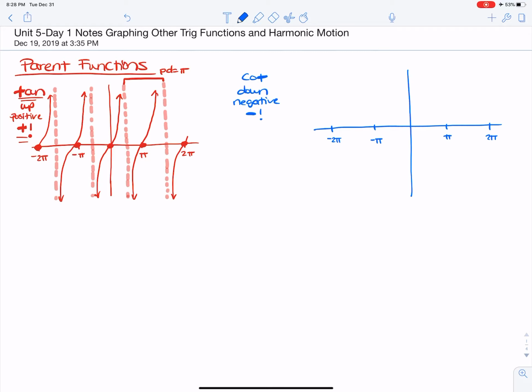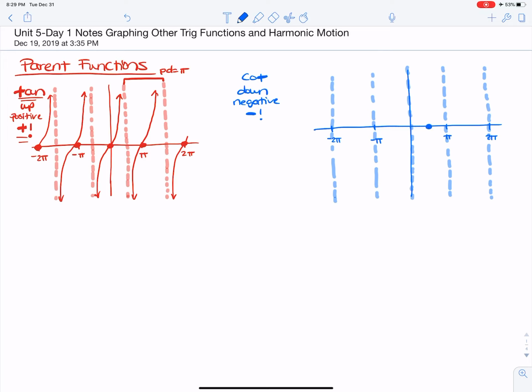And start with where it's undefined. In this particular case, cotangent is undefined at 0, because that will put 0 in the denominator, and at pi this time. Therefore it's undefined every pi: 1 pi, 2 pi, 3 pi, 4 pi, and in the negative direction. And there are our asymptotes.